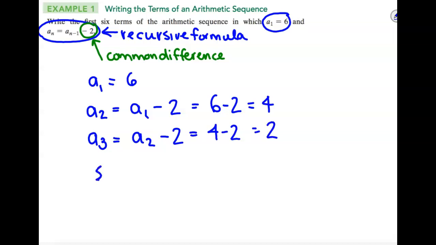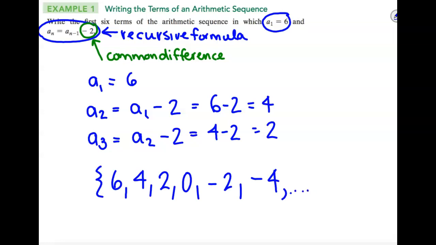What you're going to notice is the first term is 6, the next term is 4, the next term is 2. Continue this pattern: 0, -2, -4. So there are the first 6 terms in that sequence.